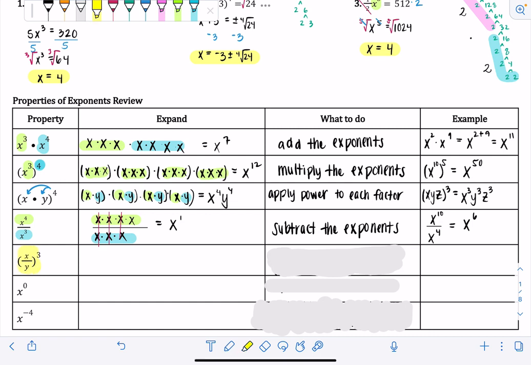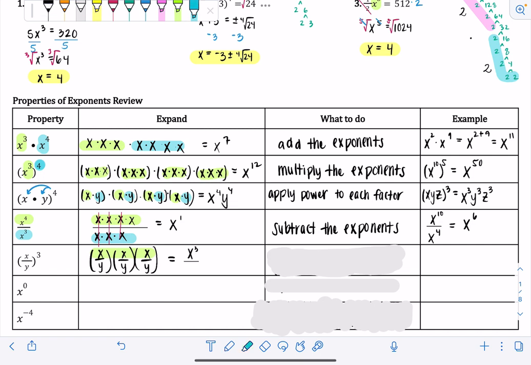Next one's called power of a quotient, so x over y to the third power. This one works pretty much the same as the power of a product, where that exponent just gets applied to both the numerator and denominator this time. So if I were to expand it, it would be x over y times itself 3 times, so x over y, x over y, x over y, and then all together I have x times x times x in the numerator, so x cubed.